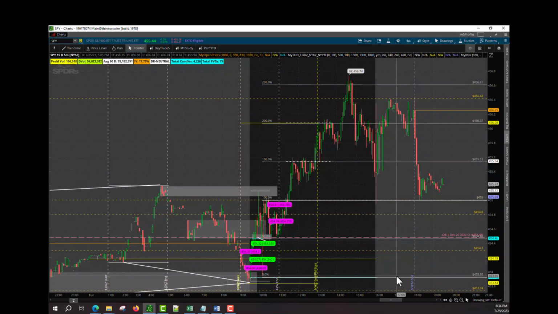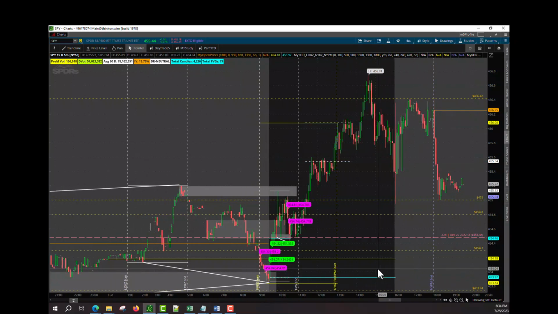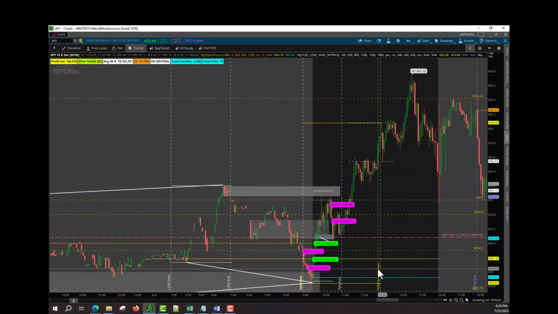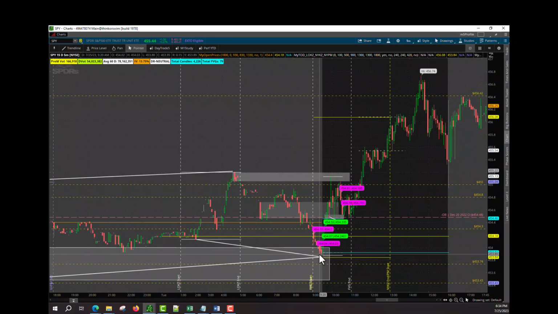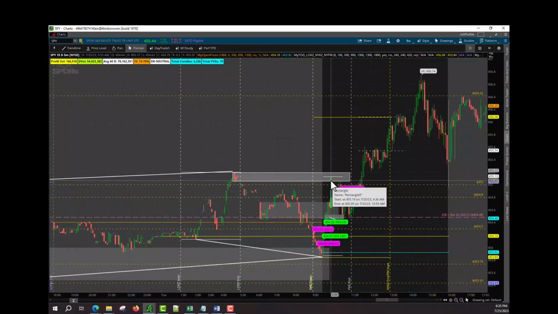Okay, let's see how the DR model worked today. First we see that the London low, which is sell side liquidity, was taken out, and then it goes up, but it did not take out the London high yet.